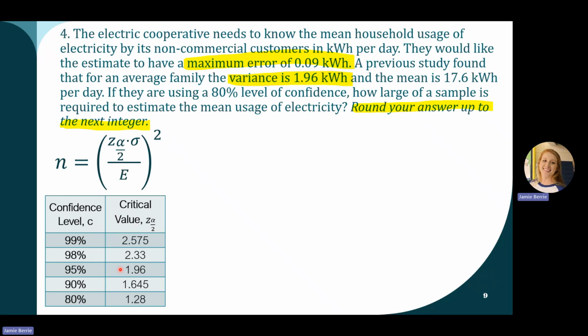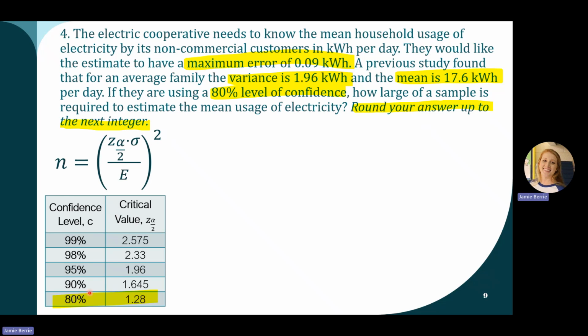I told you that the variance was 1.96 and that the mean was 17.6 and that we wanted to use an 80% level of confidence. So 80% level of confidence, that's the bottom row of the table, that's 1.28. Now, I want to say, if I remember correctly, that your homework sometimes will put 85 on there.